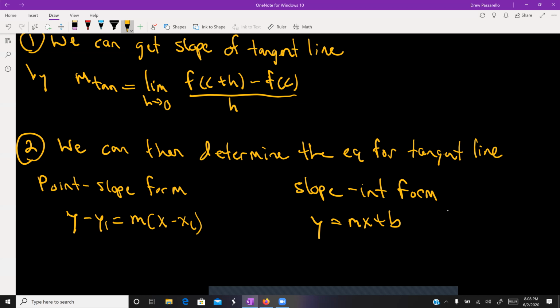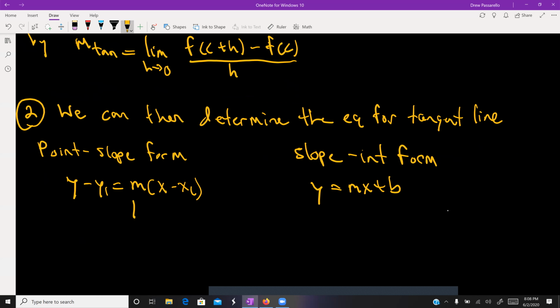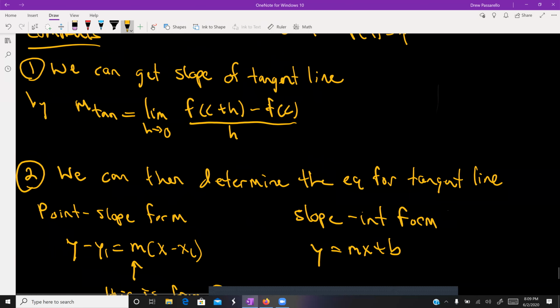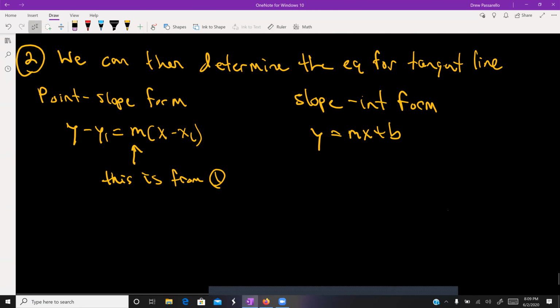Now for point slope form, you found m from step 1. Now you could use the point that you're given in the question, negative 1 comma 4, to plug in for x1 and y1.